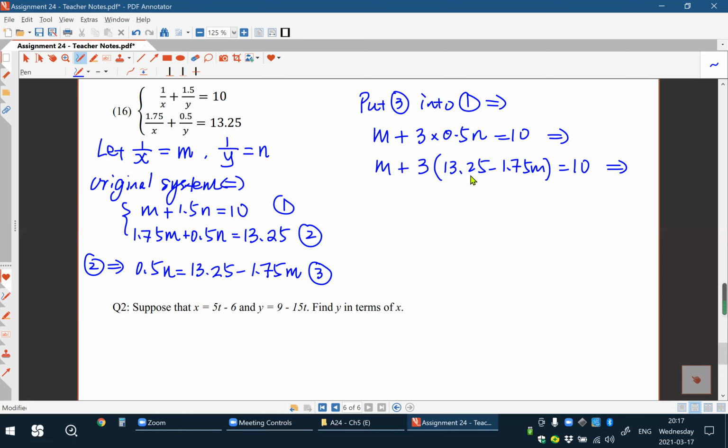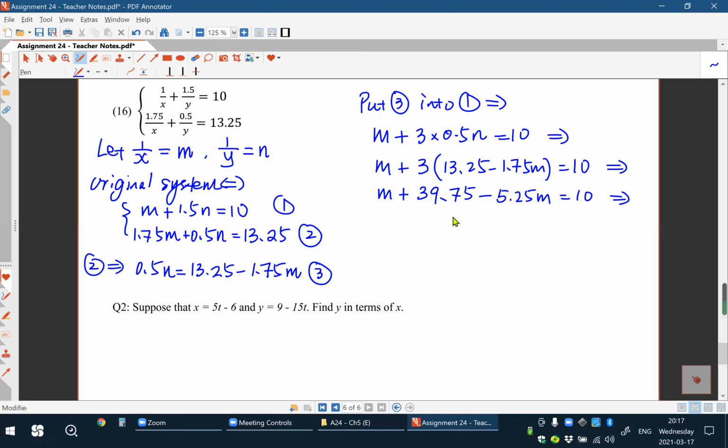Okay, then we can solve for m here. m plus 39.75 minus 5.25m equals 10, right?